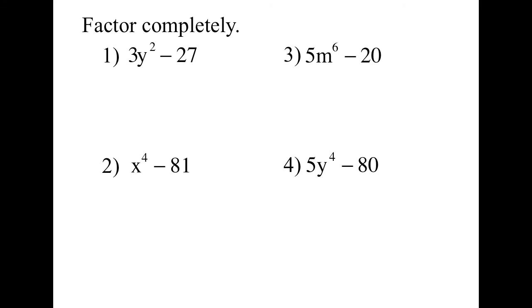So in 3y squared minus 27, I can pull out my GCF of 3, and then I'm left with y squared minus 9. Now, y squared minus 9 is a difference of squares, so I get 3 times the quantity of y plus 3 times the quantity of y minus 3. Now you guys try 2, 3, and 4. Pause the recording.